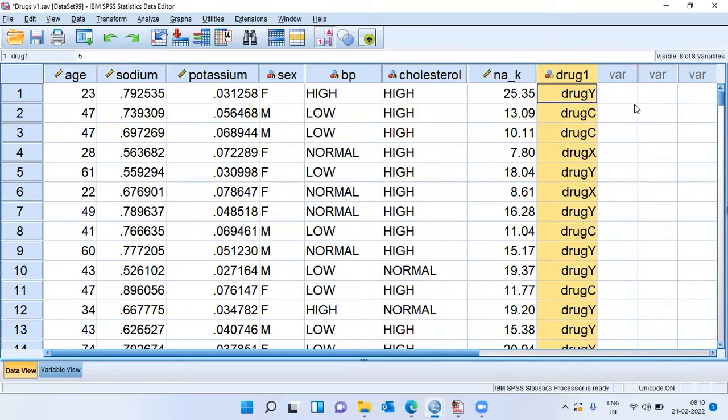Third, it can handle mixed data types. When I say mixed, I mean you can use scale variables or categorical variables. Irrespective of whether it's a scale or a categorical variable, a decision tree model will be able to handle both these data types. Fourth, a decision tree model is easy to use and apply.